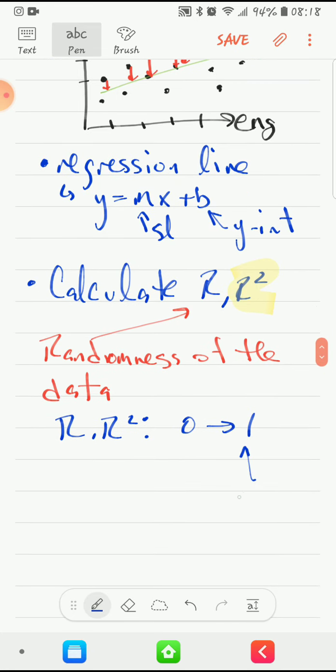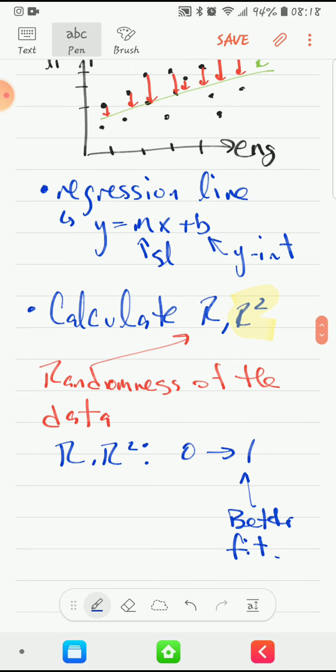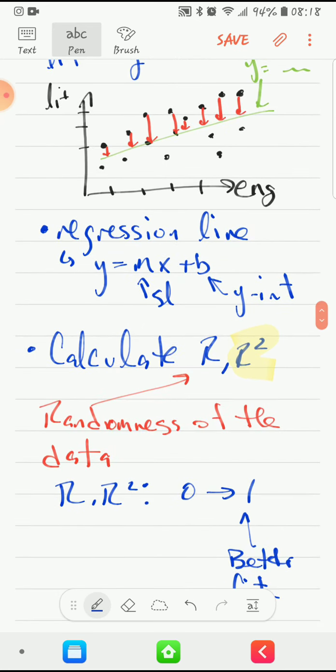And so this is going to be a better fit. Basically what they're trying to say is as you move toward 1, that randomness is going to cap out. So this point and this point and this point and this point, because they're all very close to the line, they better fit the equation, and so we can predict them a little bit better.